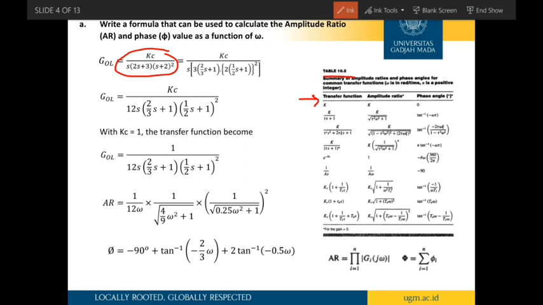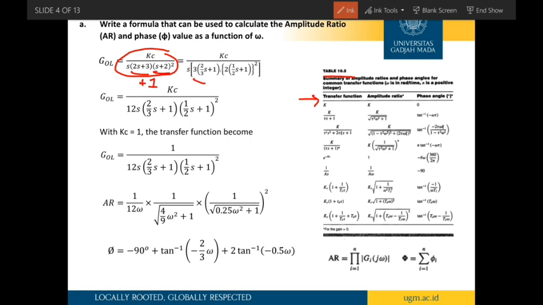So we should make each factor become plus 1, by dividing by 3 and multiplying by 3, or dividing by 2 and multiplying by 2.